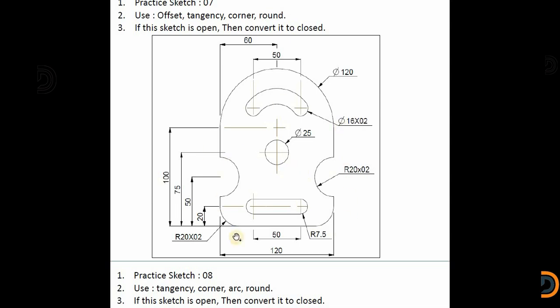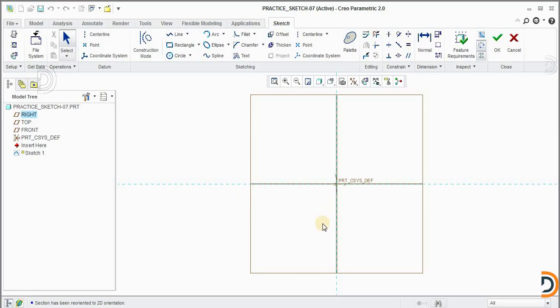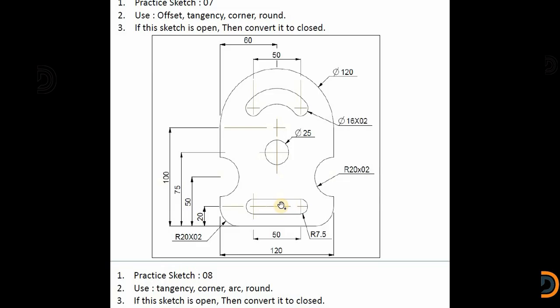Now till now we have discussed this sketch. Now it's time to build a sketching process for it. In this sketch, all dimensions are defined from this horizontal line. So I will draw this horizontal line on this reference line. Then I will make these 2 vertical lines.